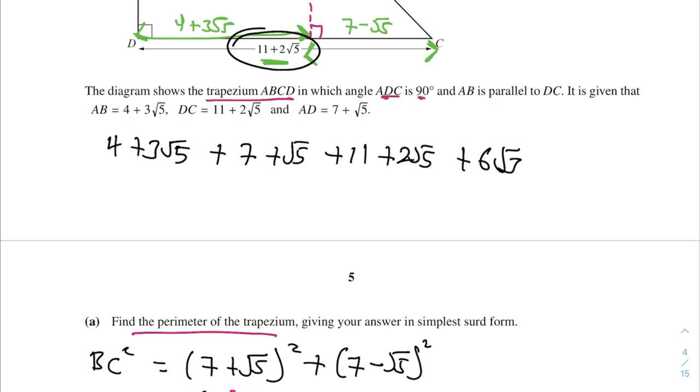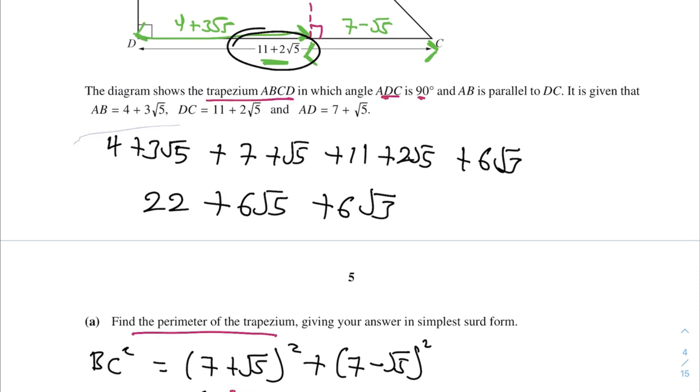So that should be 22. Then for the root 5, we have 3 here, and 1 there, making 4, and then this, making 6. So 6 root 5. Then we have the last one. There's no other root 3, so we just keep it there.